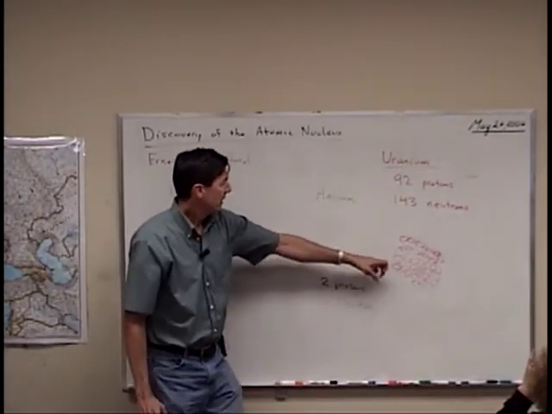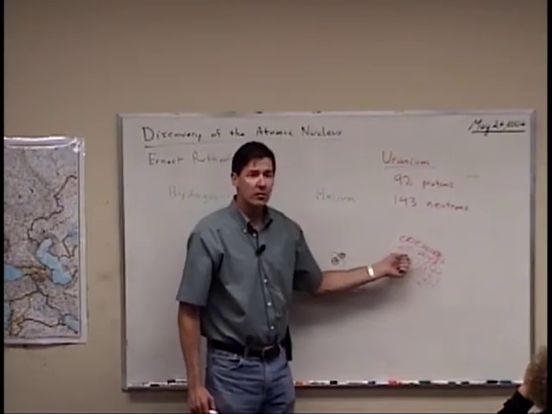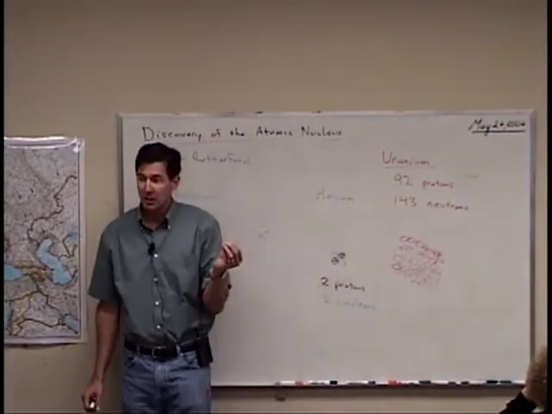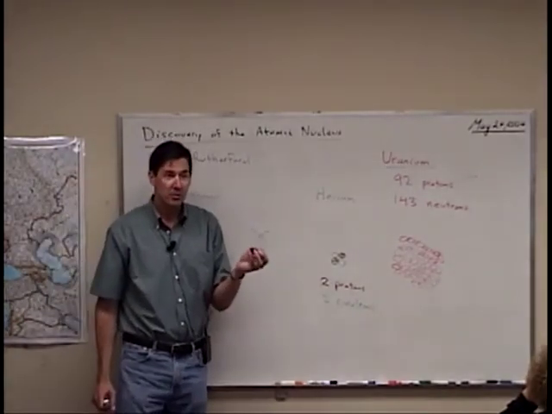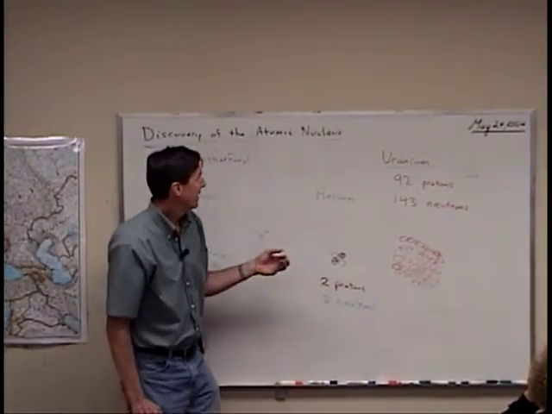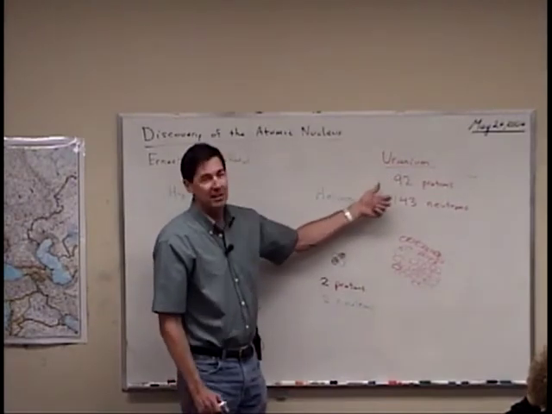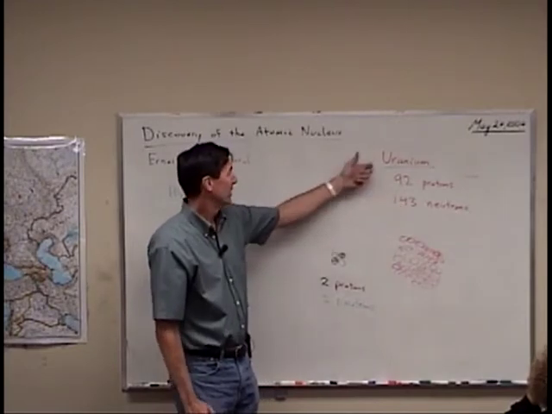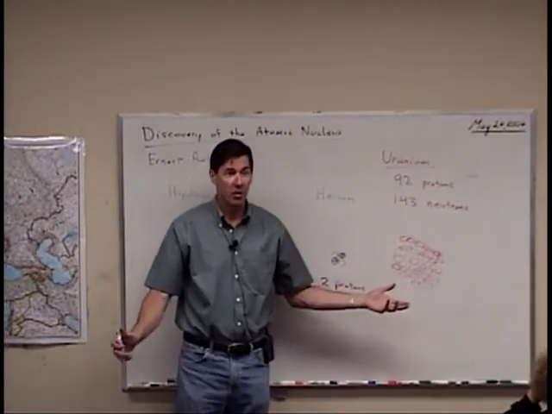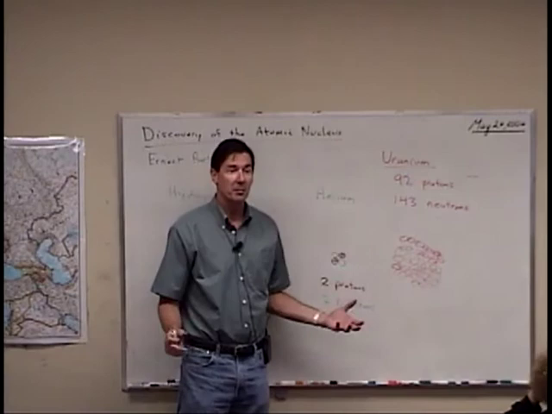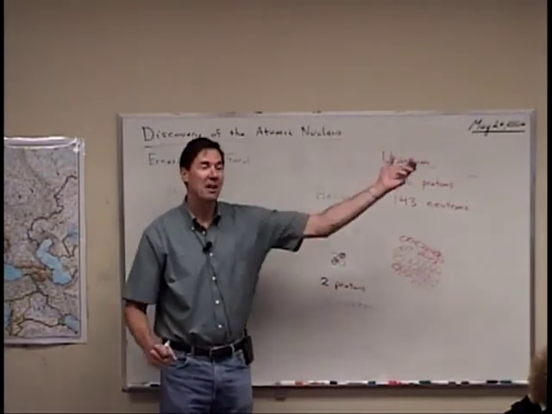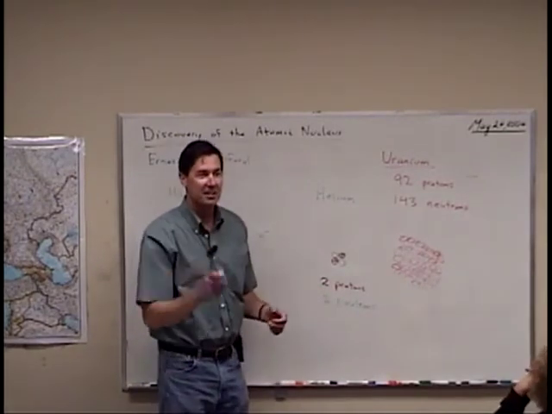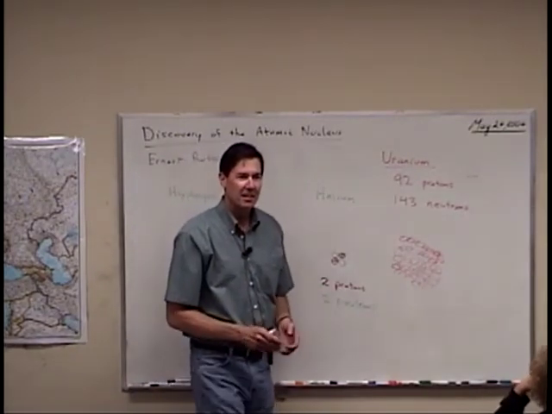What happens, uranium will shoot out this alpha particle, which consists of two protons and two neutrons, and then it becomes 90 and 141, which turns out to be another element called thorium. Well, thorium isn't stable itself. It'll shoot out another alpha particle. So that means uranium is constantly changing.